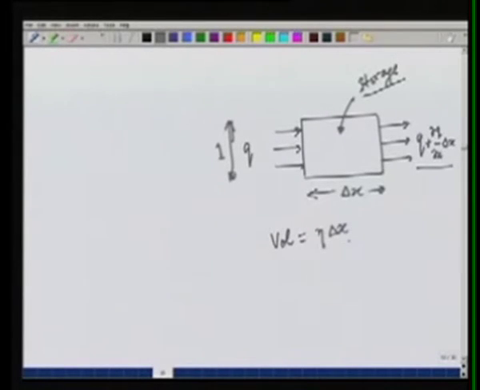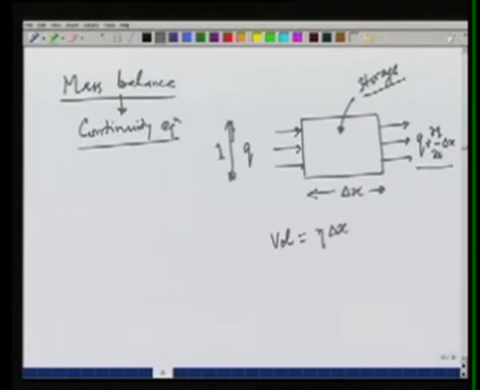So eta delta x will be the volume of water stored within this element. Now if this mass balance has to be satisfied, it leads to the continuity equation, which says that net inflow equals change of storage.